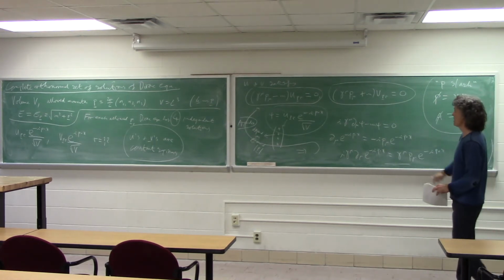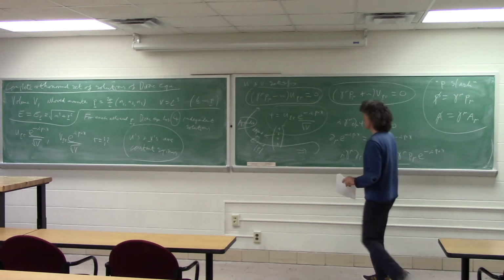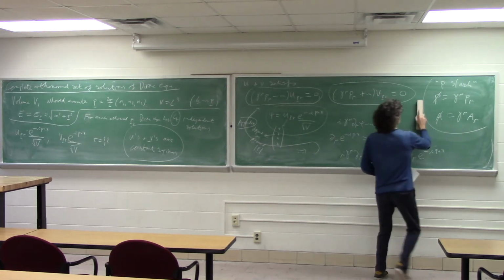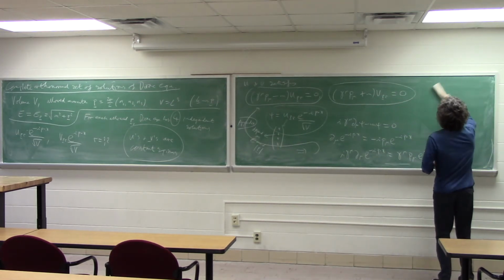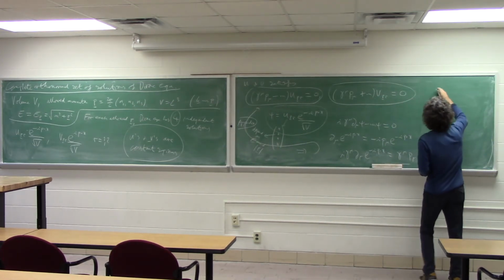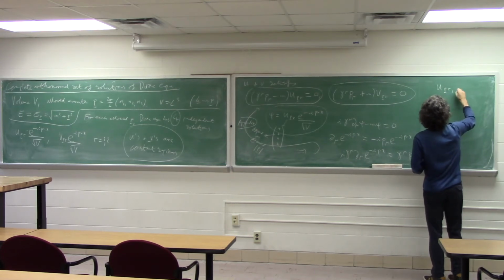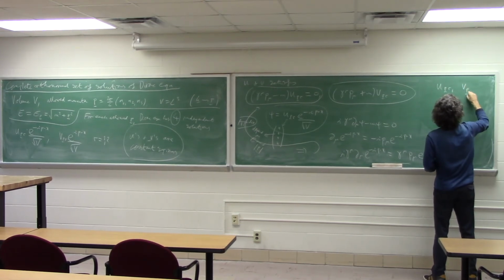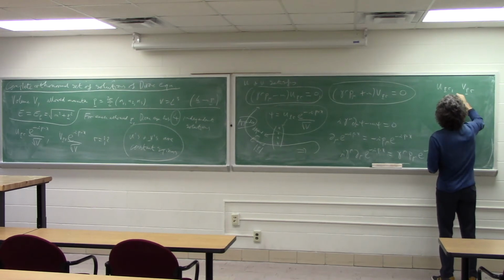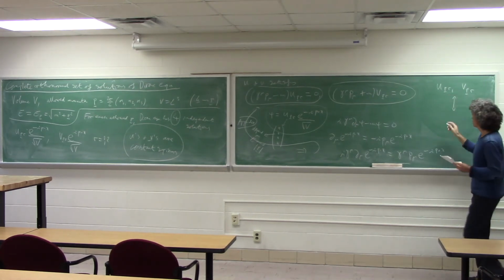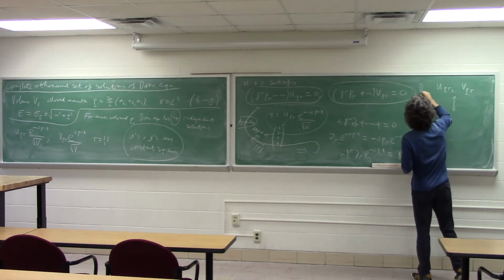Let me just show you the parallel: the u's and the v's are the analogues, so here we have the Dirac field.